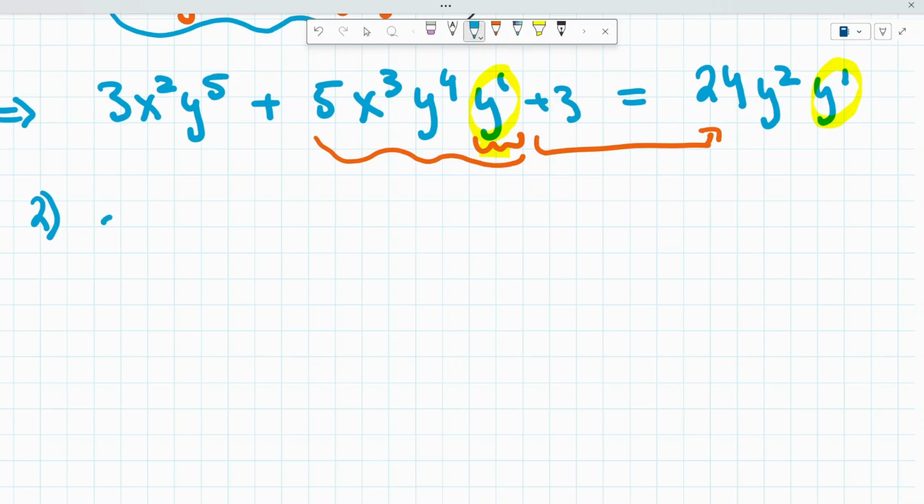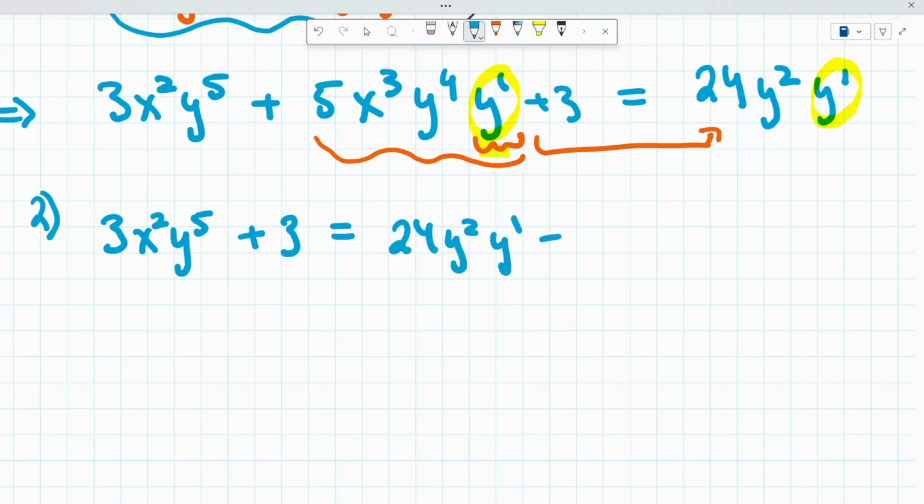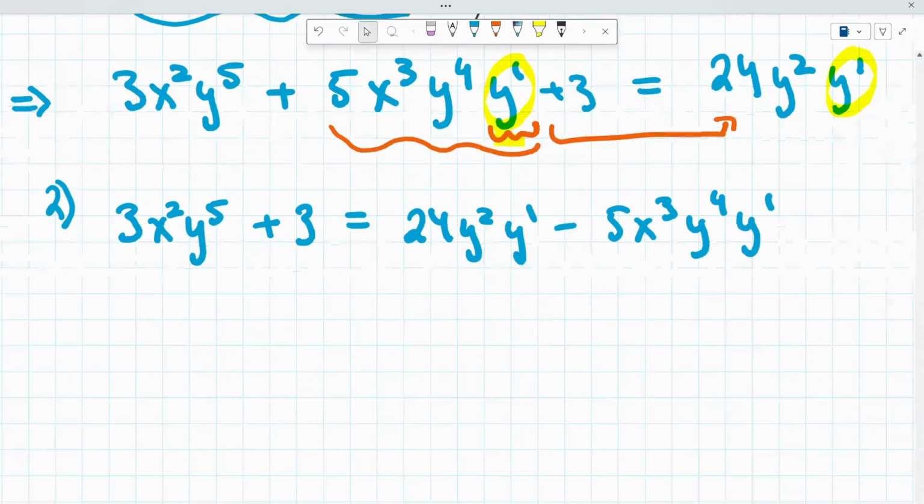So as a result, we have 3x squared y to the 5 plus 3 equals 24y squared y prime minus 5x cubed y to the 4 y prime. Just make sure we got that all right. Okay, great.